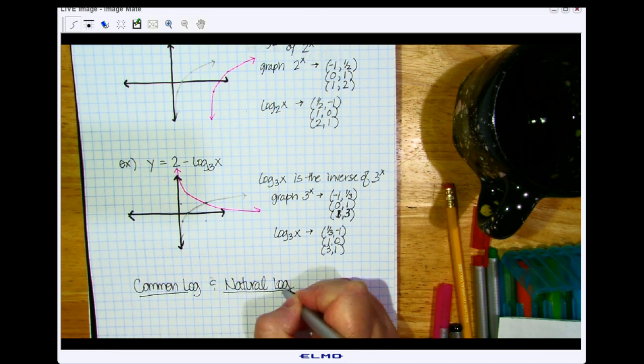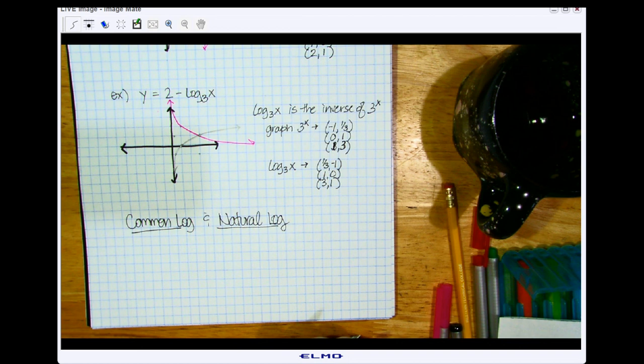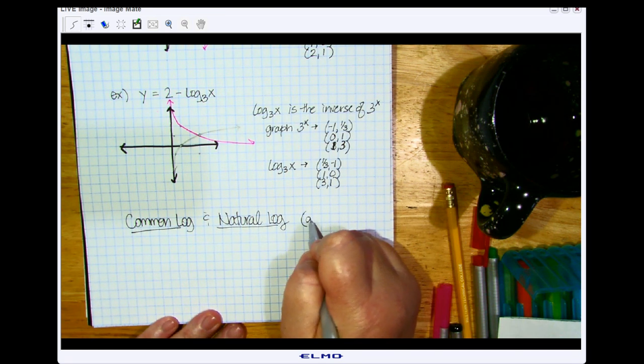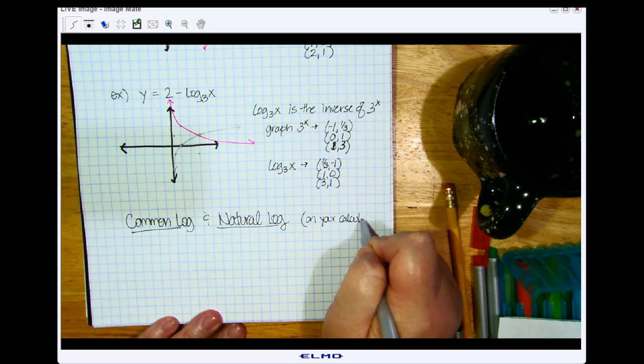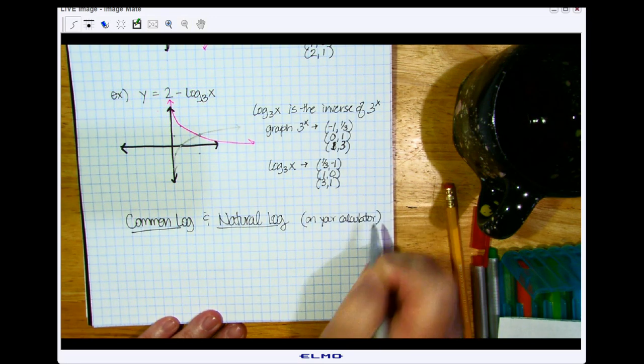Two pieces I want to do kind of quick here. The first is the common log, and the second is the natural log. Both of these are on your calculator. They are the only ones that are on your calculator.